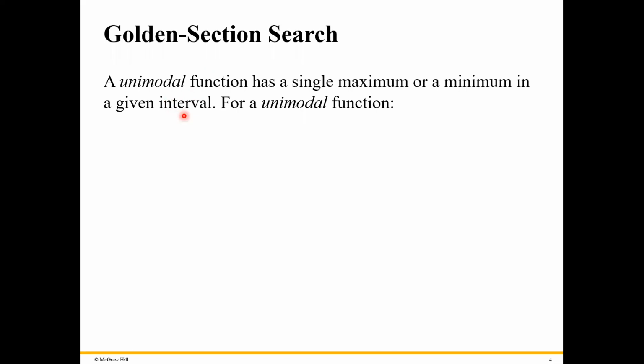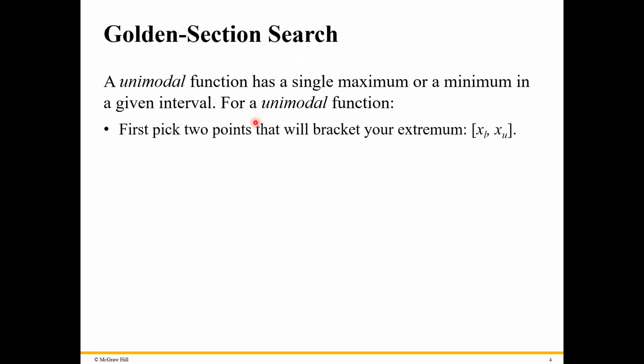So the requirement for this method is that we identify an interval, and within that interval there will be a single maximum or minimum value. That single maximum or minimum value we need to find, and the corresponding value of the independent variable we also need to find. So this is called a unimodal function.